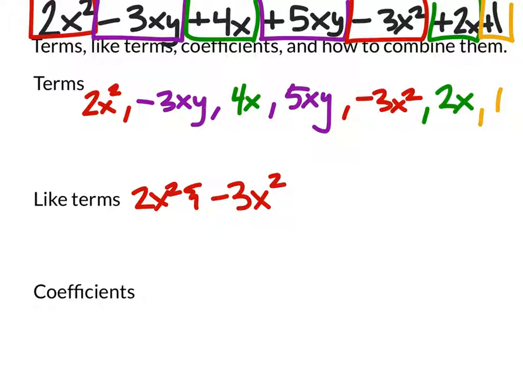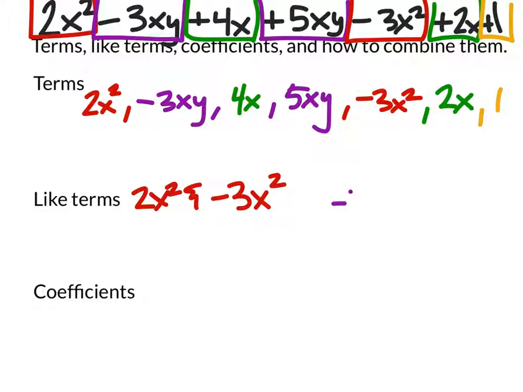Now, each term that is a like term has to have the same variables as well. So like this negative 3xy, we have to find another term that has another xy. And again, those have no exponents with them that we can see. They do have phantom 1 exponents, but we're not concerned with that.